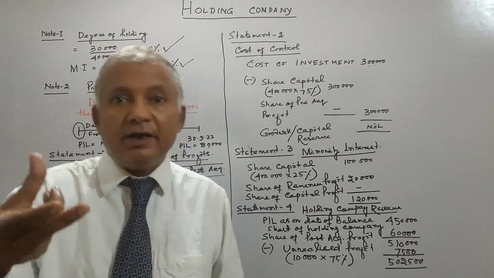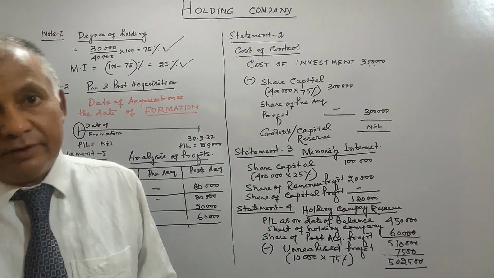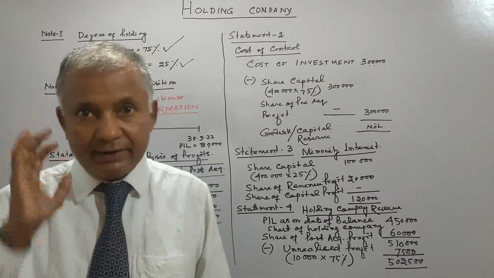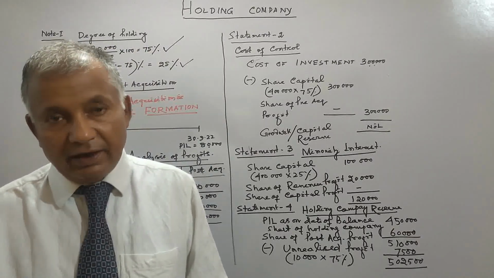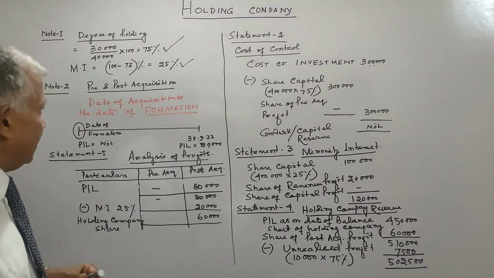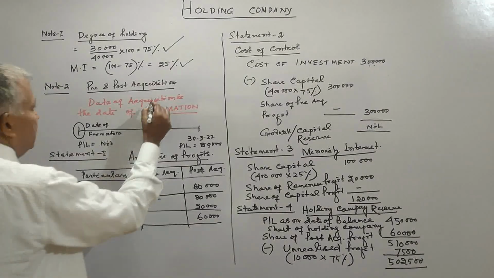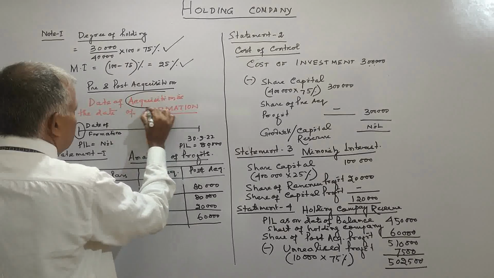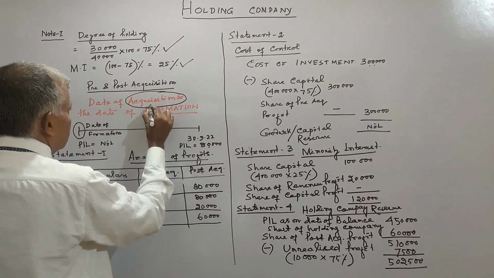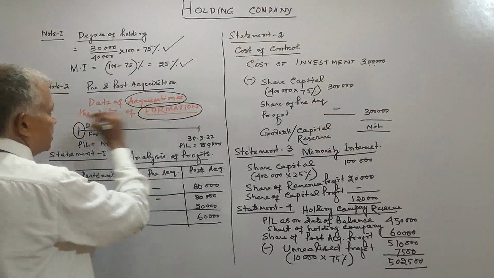When B Limited was formed and started, A Limited holds the shares. That is, your date of acquisition is the date of formation.